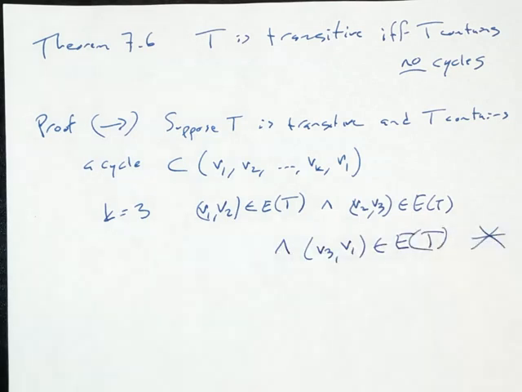And that's a contradiction, isn't it? Because by the principle of transitivity, if V1, V2 is in there and V2, V3 is in there, V1, V3 should be in there. And I see V3, V1. And I can't have both because it's an orientation.